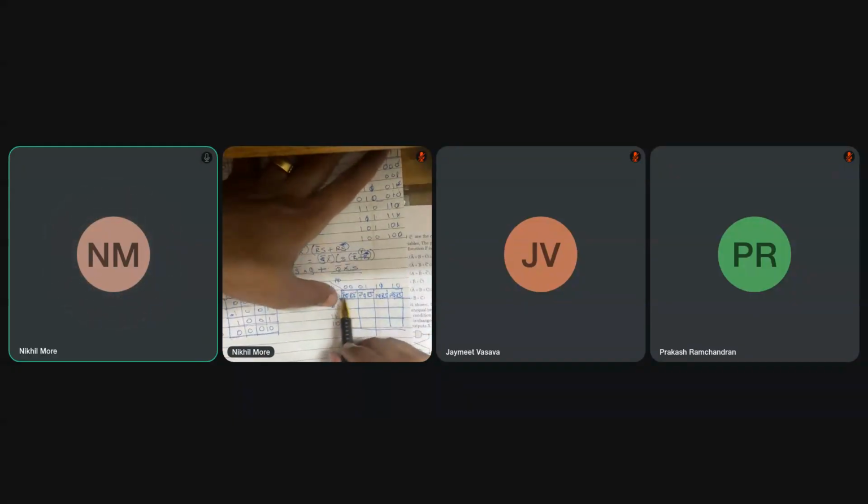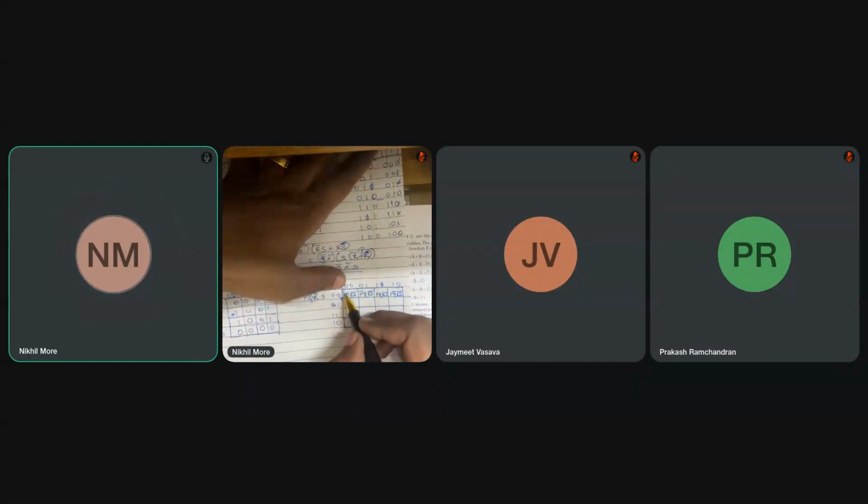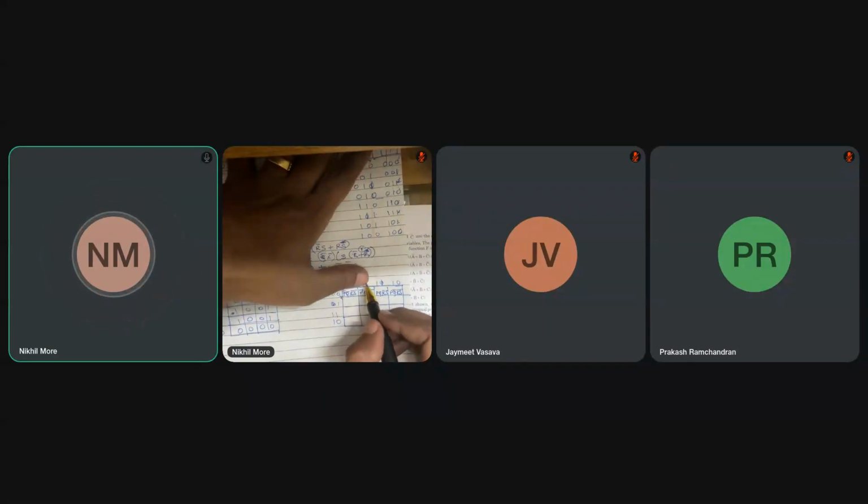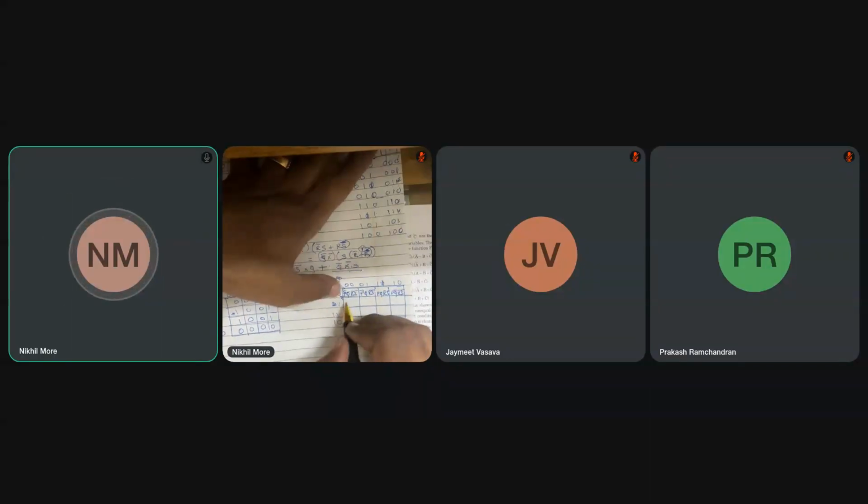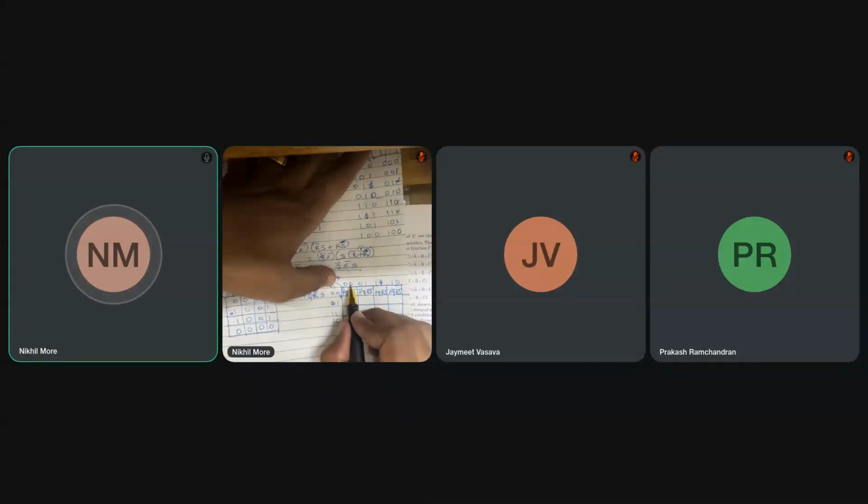So basically, if the value is 0, we denote the variable with a complement, a bar. If it is 1, it is the variable itself. So 0 0 refers to P bar and Q bar, and these 0s refer to R bar and S bar.